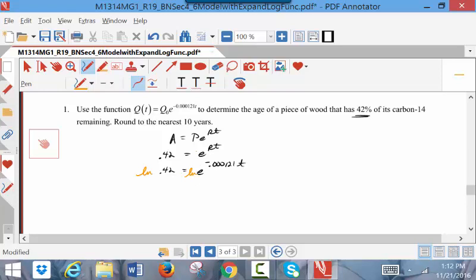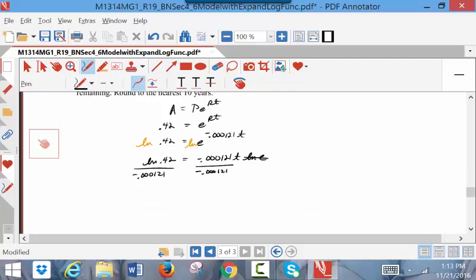Take the natural log of each side, and then you get the natural log of 0.42, 42% remaining, equaling the negative 0.000121t, natural log of E, where the natural log of E equals 1. Then we divide both sides by that negative number that they figured for us. And that will be our time, the number of years.